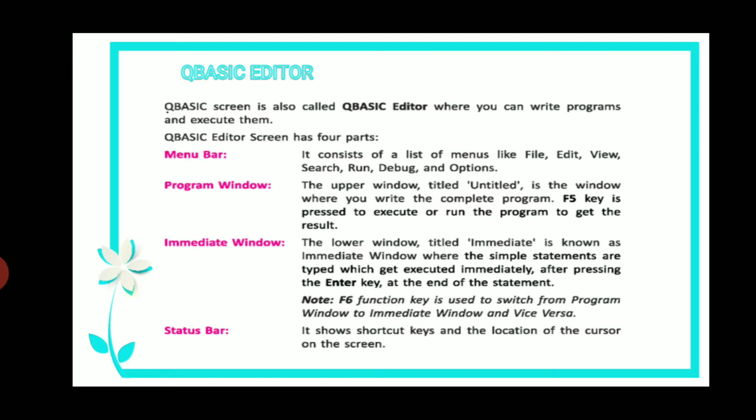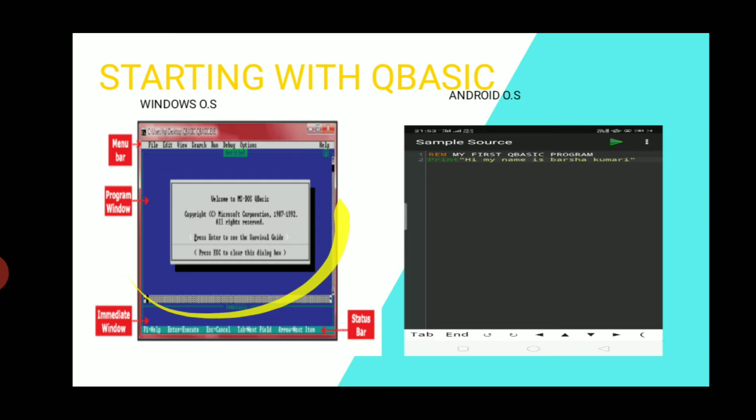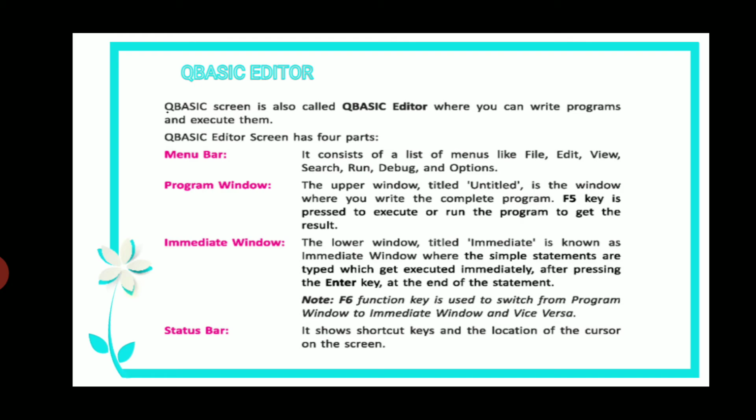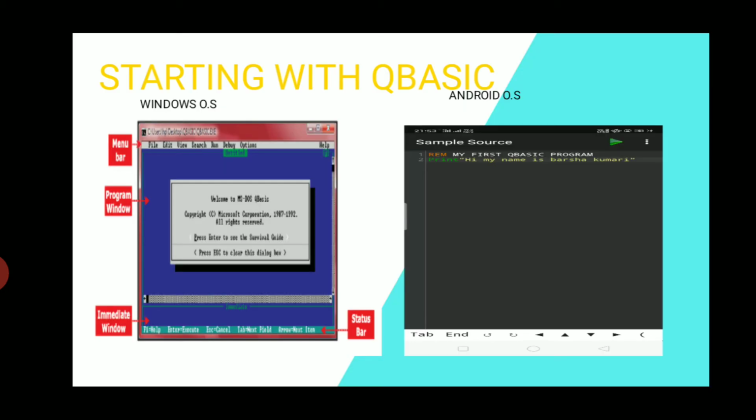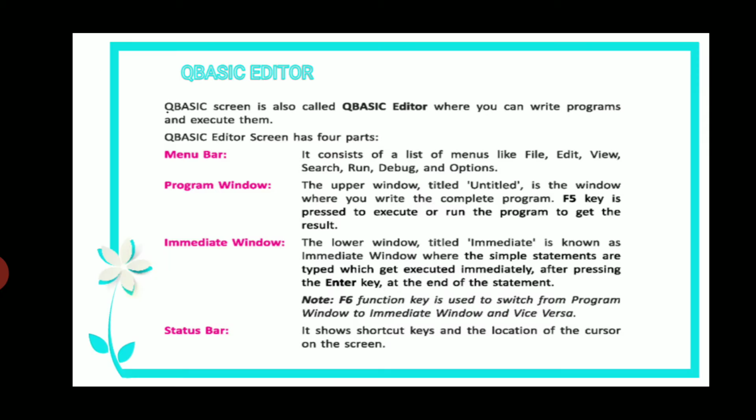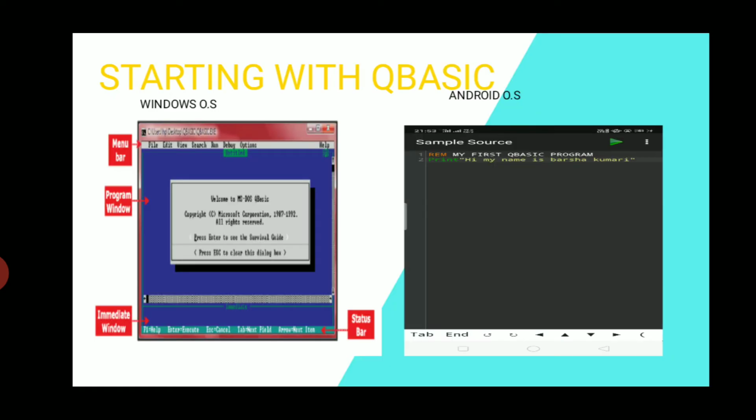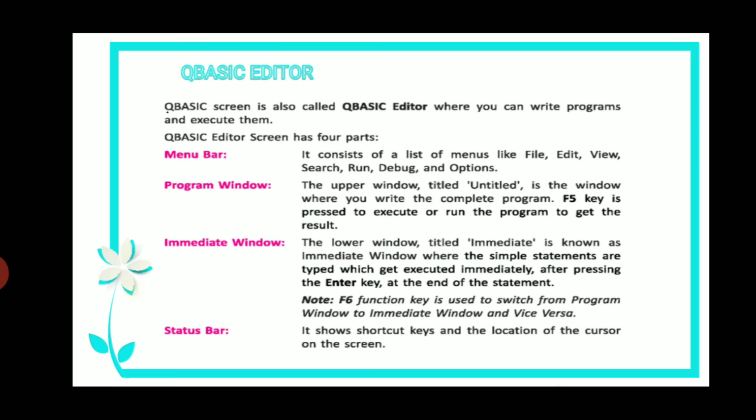The program window is the blue screen where you need to write your code. The immediate window is the lower window, which will show you the errors. The status bar shows you the shortcut keys and the location of the cursor on the screen.